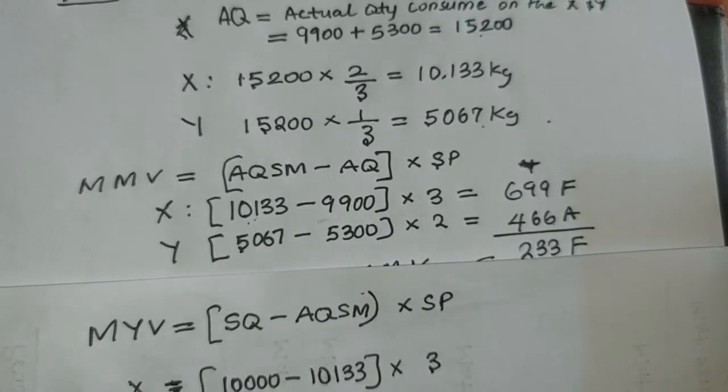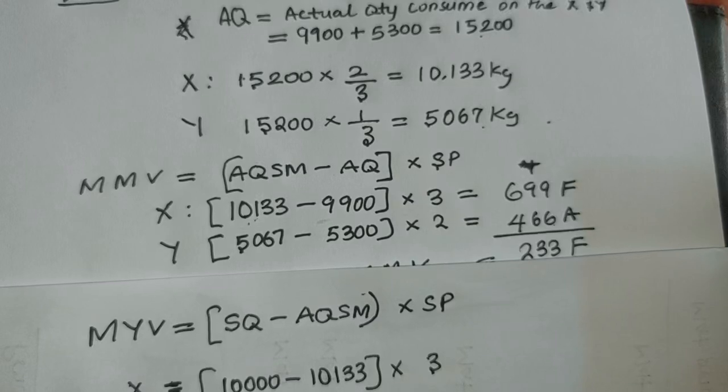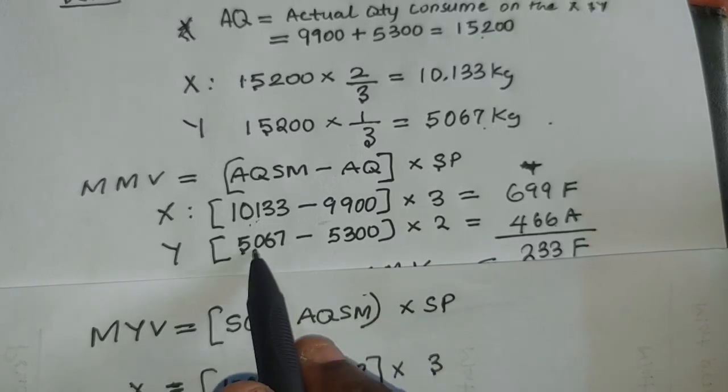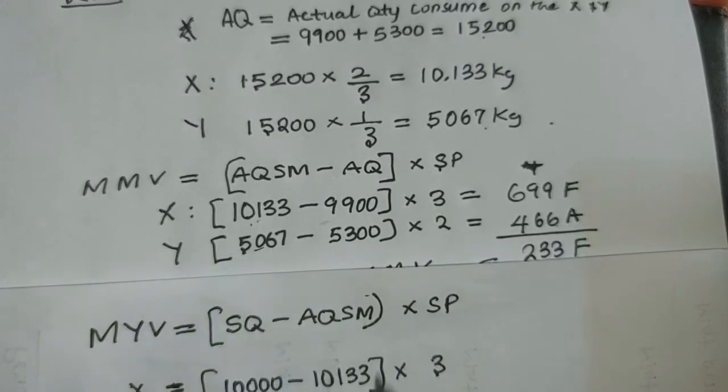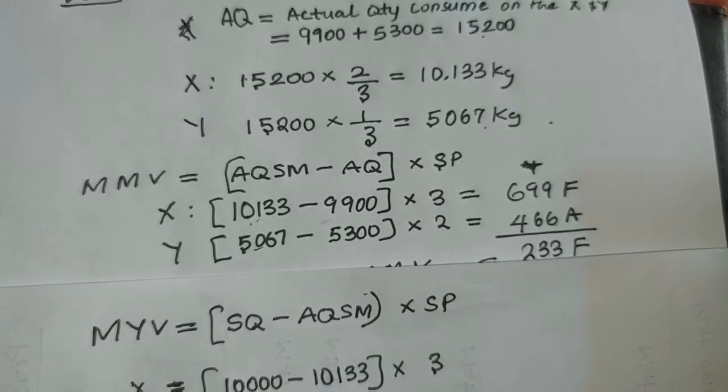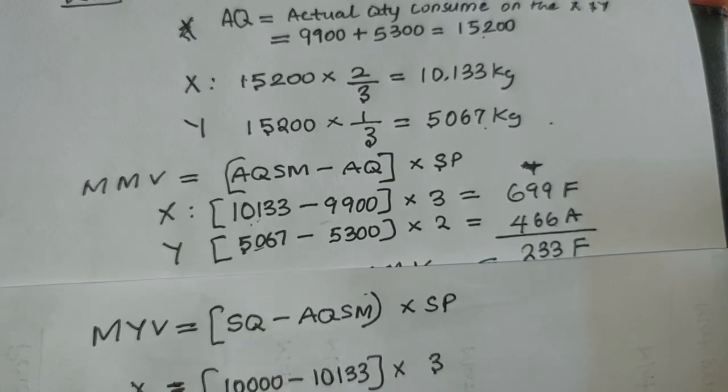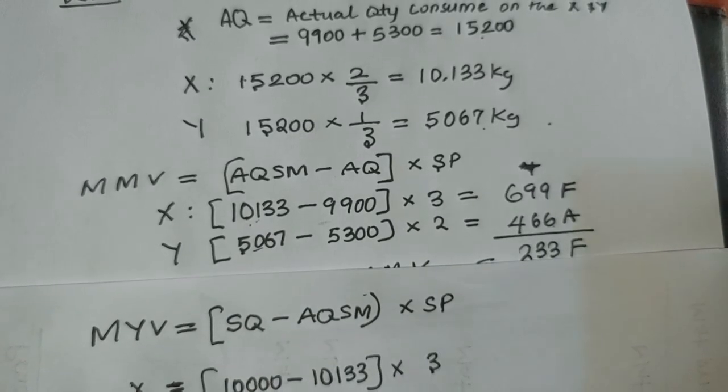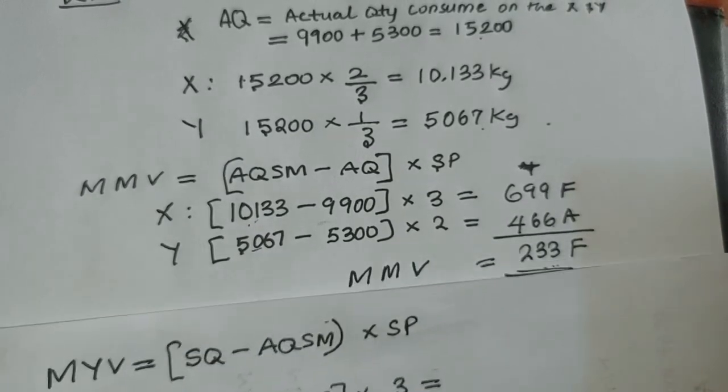Then for Y, our standard quantity, don't forget, is 5,000 minus the actual quantity in standard mix, which has been calculated, multiplied by 2.